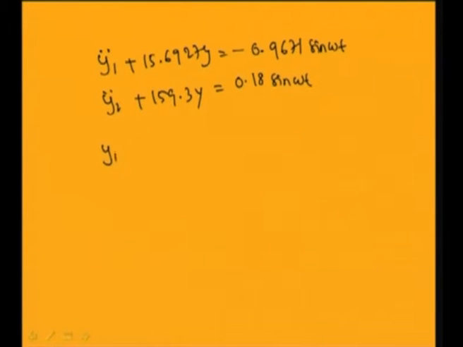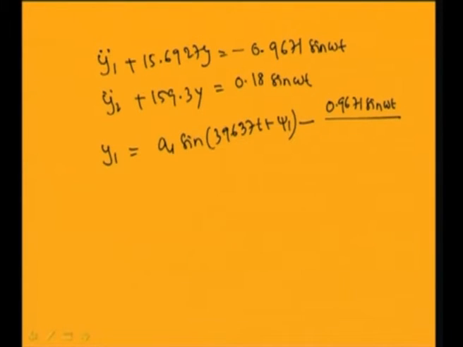So you can write y1 equal to the complementary part, which becomes A1 sin(3.9637 t plus phi1), plus for the particular integral, this becomes minus 0.9671 sin omega t by D square plus 15.6927, and for D square you can substitute minus omega square, so this becomes minus 0.9671 sin omega t by 15.6927 minus omega square.